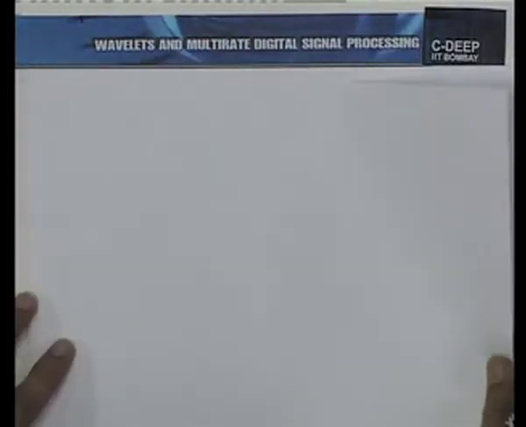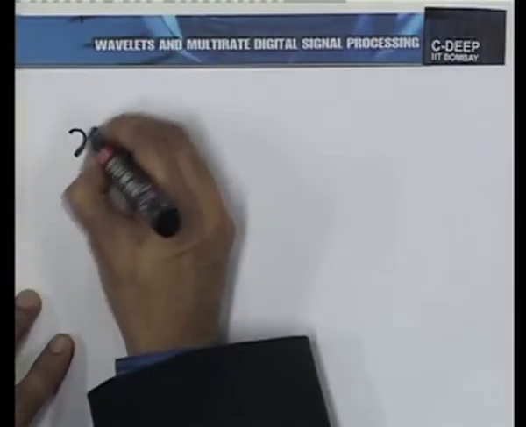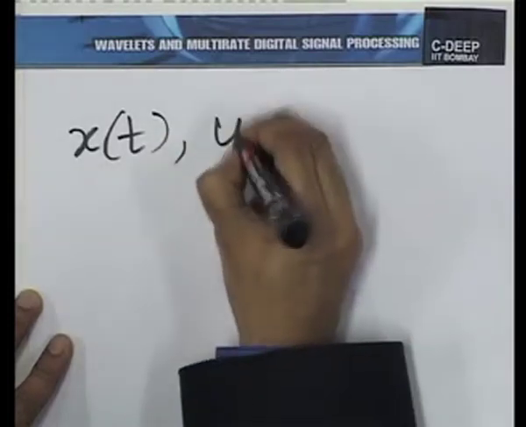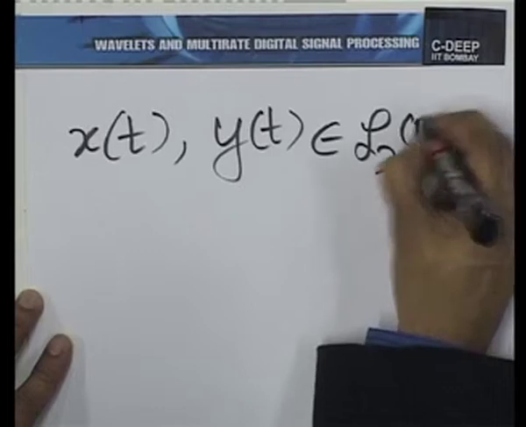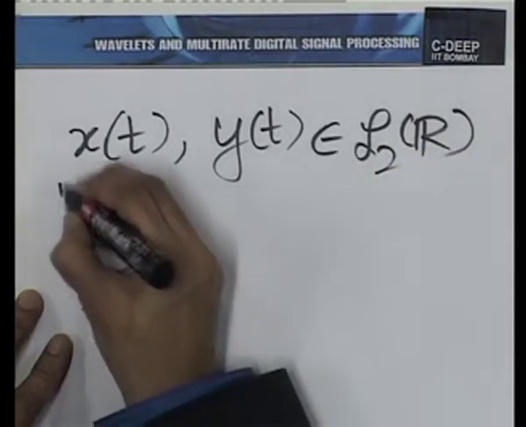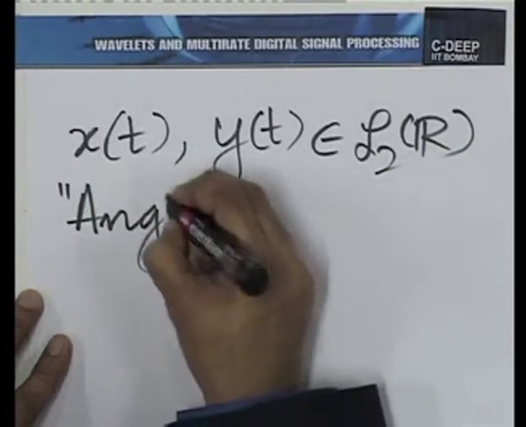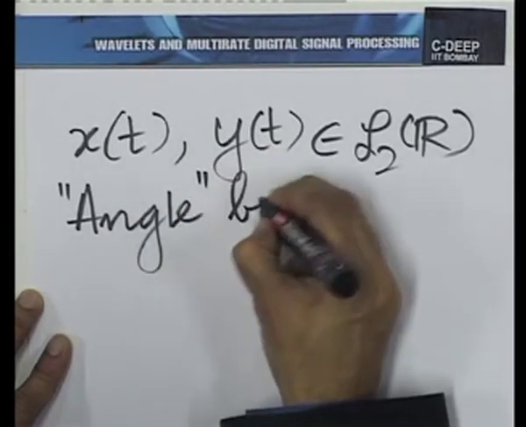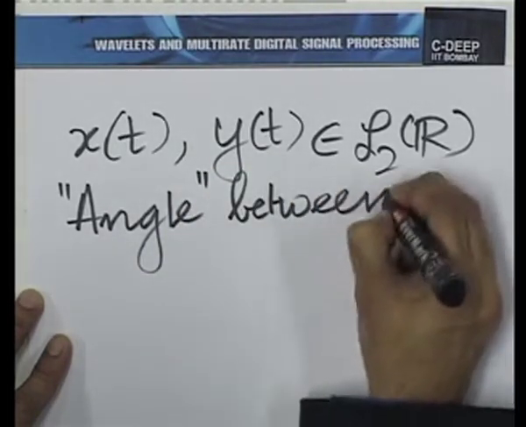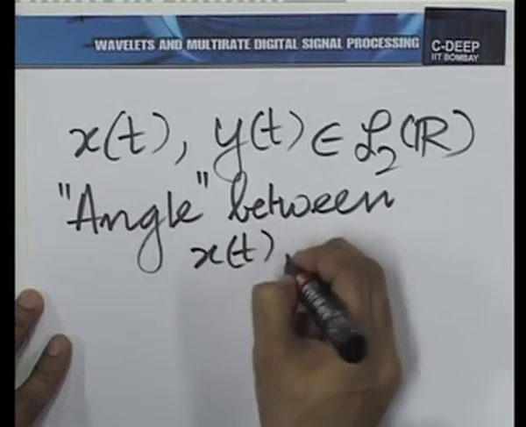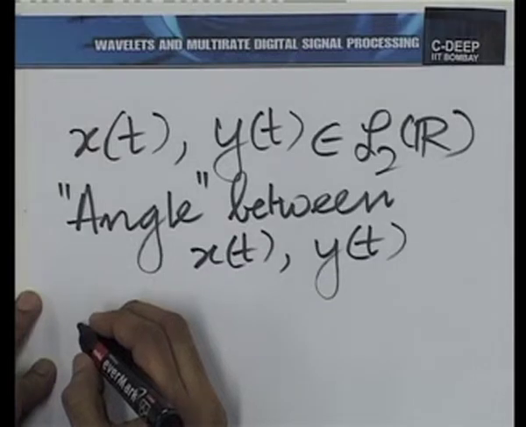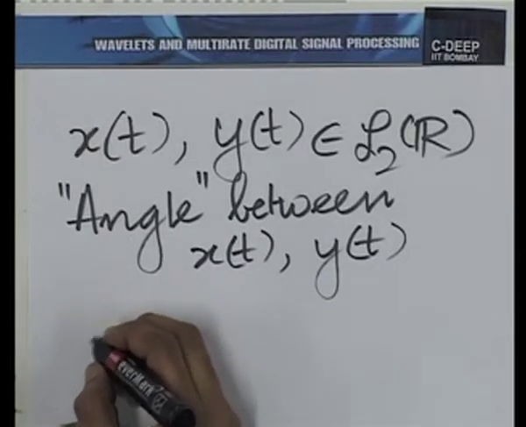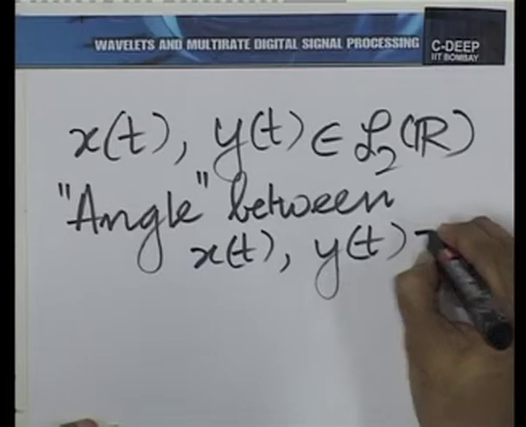So, if you have two functions x t and y t, of course, belonging to L 2 R, we are going to confine ourselves to that space, then the angle between x t and y t is essentially defined by the following. Let it be theta.